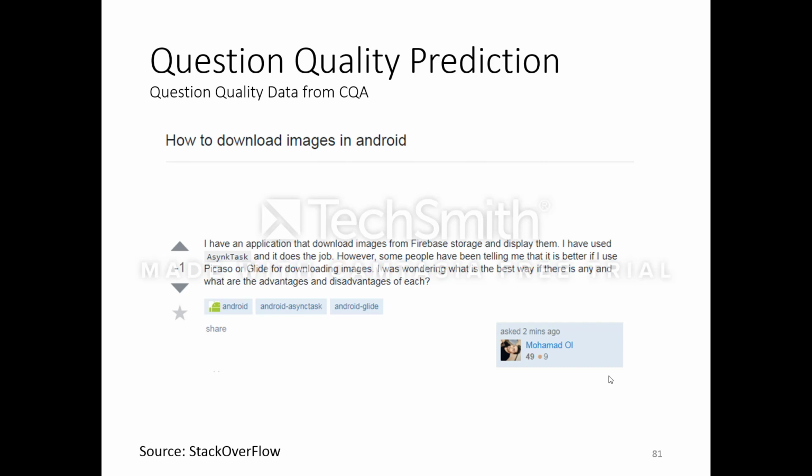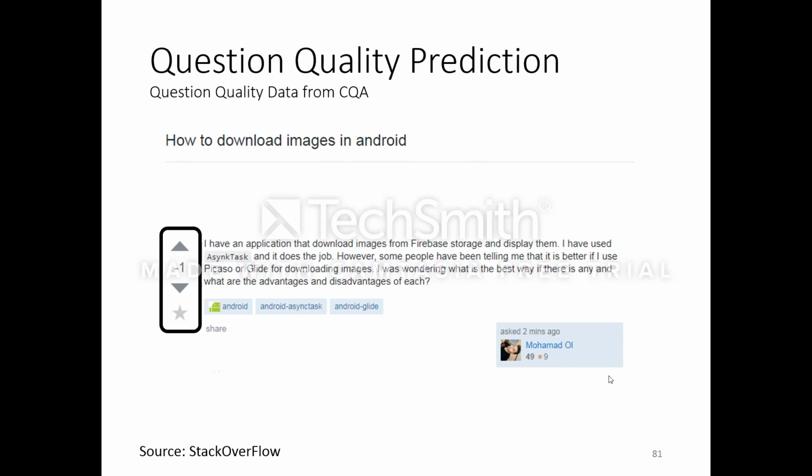So you have this post. You have this question, which has the title "How to download images in Android," and as people generally do, there is a title, and then there is a detailed question. And the detailed question in this case is, I have an application that downloads images from Firebase storage and displays them. I've used async task and so on and so forth, and it's asked by a particular person, right?